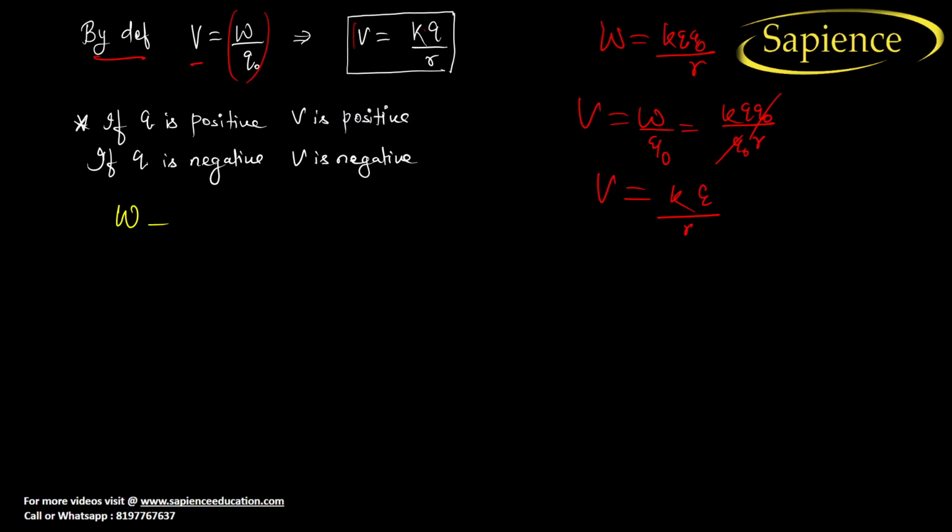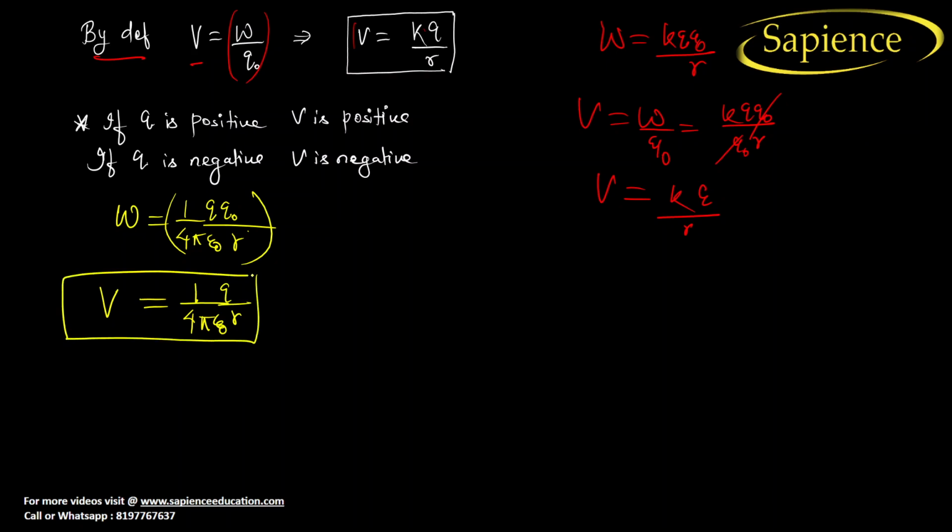Here work done is equal to K, where K means 1 by 4 pi epsilon naught, into Q Q naught by R. Now what about potential? Potential will be equal to 1 by 4 pi epsilon naught into Q by R. So this is the basic difference between work done and the potential. I hope you have understood this slide.